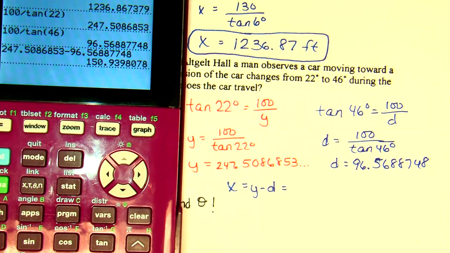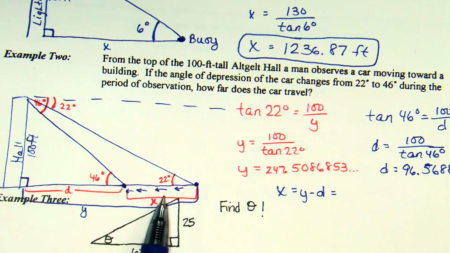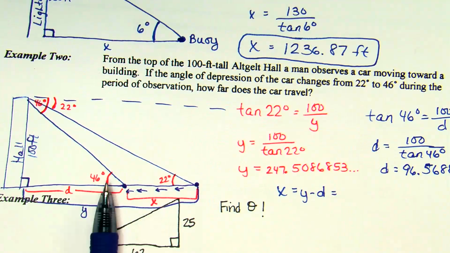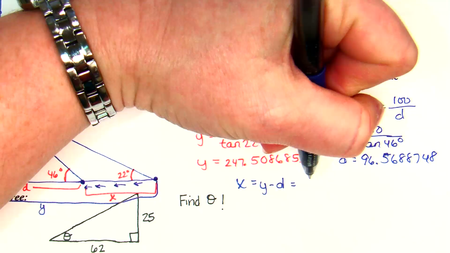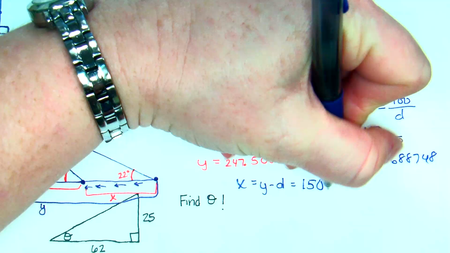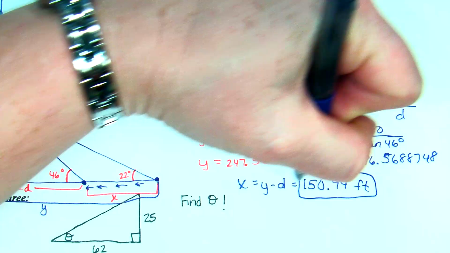Minus because we're trying to find X, and we know the whole length, Y, and we know the partial length, D. And so I got an answer of 150 point, I'm going to round it to 94, 150 and 94 hundredths feet. Approximately.